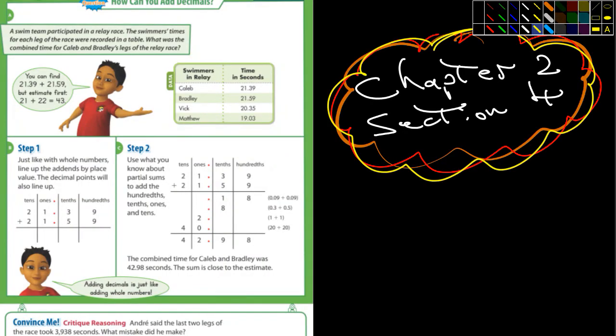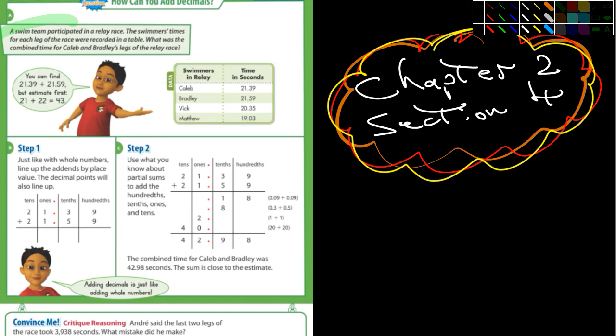Chapter 2, Section 4. You know how to do this because they're talking about simply adding decimals. Let's look at the very first example. It says a swim team participated in a relay race. The swimmers' times for each leg of the race were recorded in the table. Of course, this is the table they're talking about here.